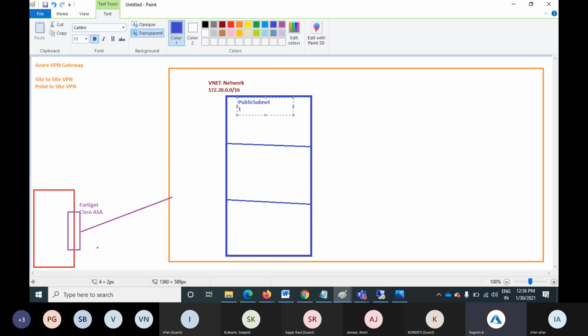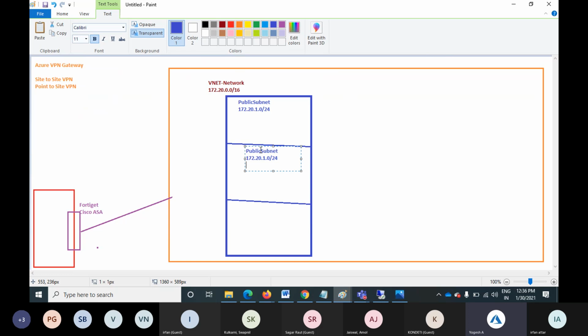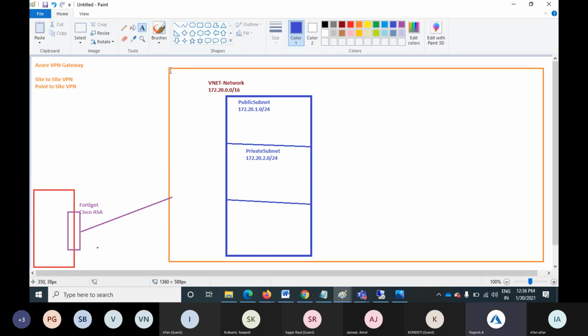This is the public subnet 172.21.0/24, and this is your private subnet, which is 2.0. Okay, now here we are going to deploy a third-party firewall.